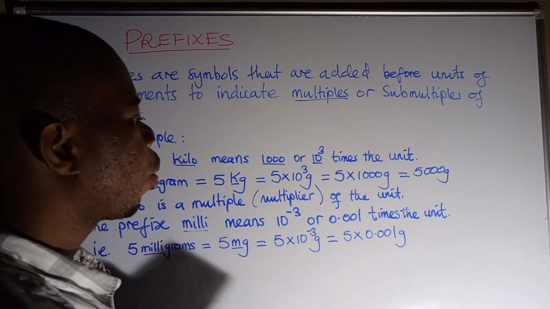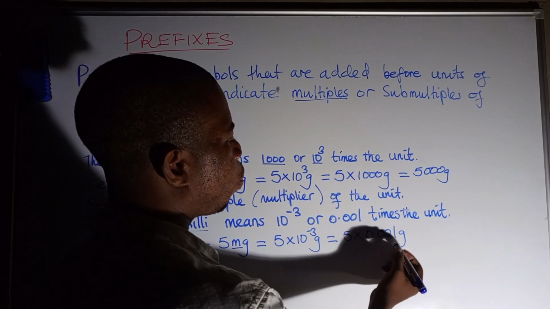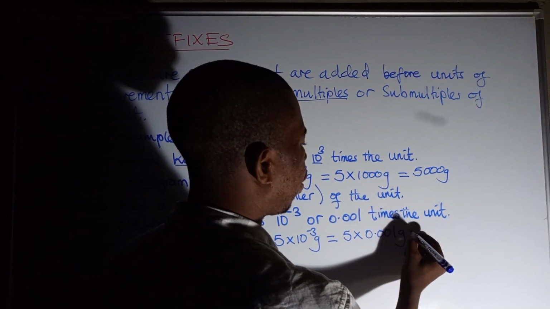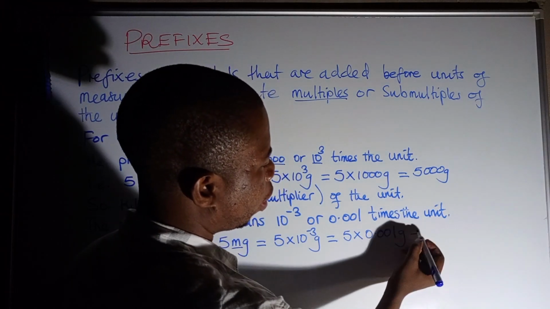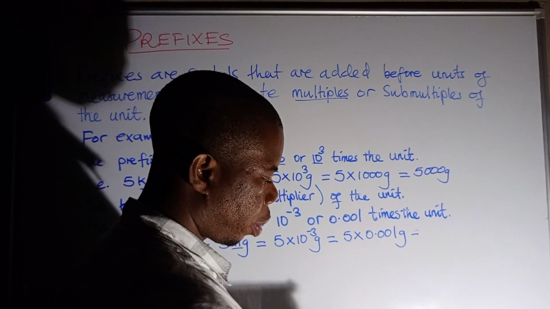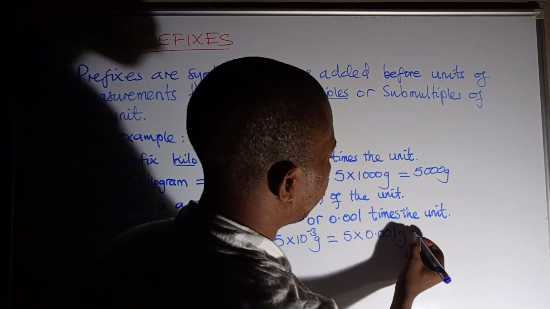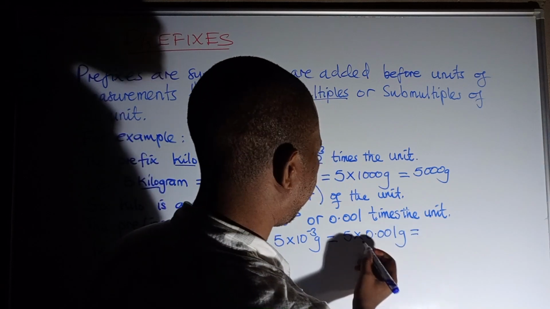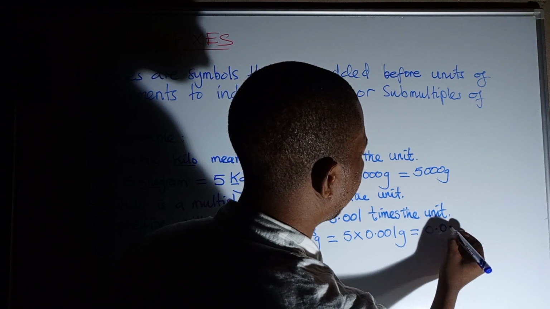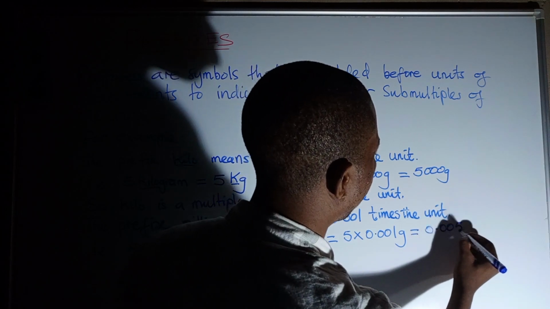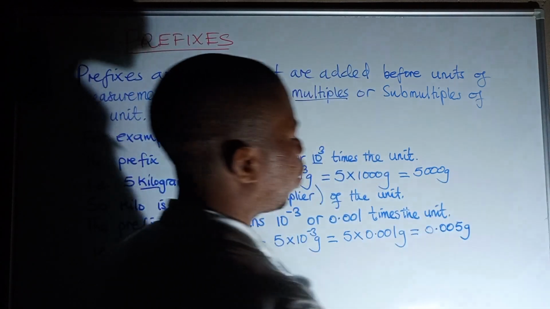So if we multiply 5 times 0.001, we end up getting 0.005, then we put the gram there.